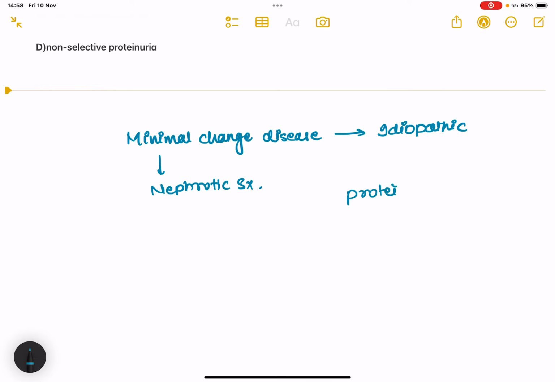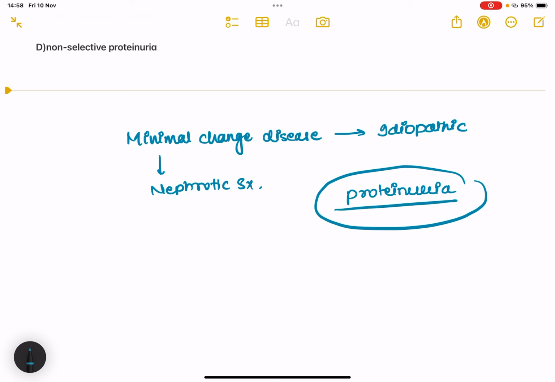What is proteinuria? Proteinuria is proteins present in urine. Generally, no proteins are present in urine, but in minimal change disease, proteins are filtered out in the glomerulus. That's why proteinuria happens.